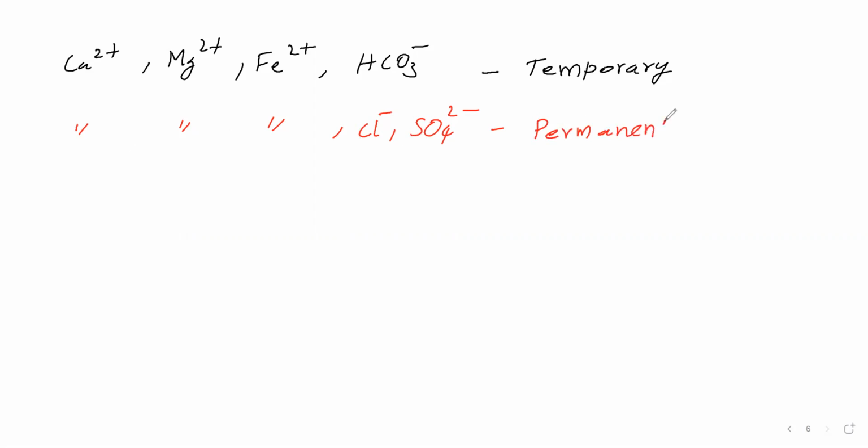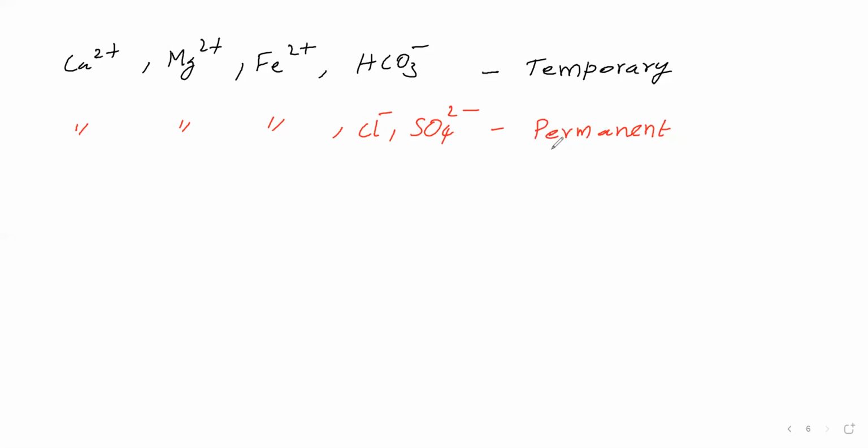Why? Because we cannot precipitate these salts by boiling. We can convert the bicarbonates into precipitate by boiling, but these we cannot. Therefore, these salts cause temporary hardness and these salts cause permanent hardness to the water.